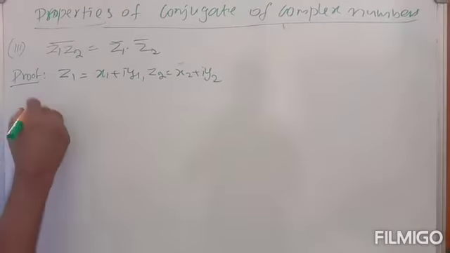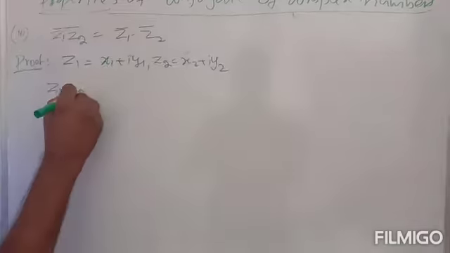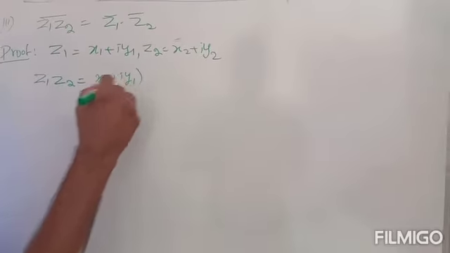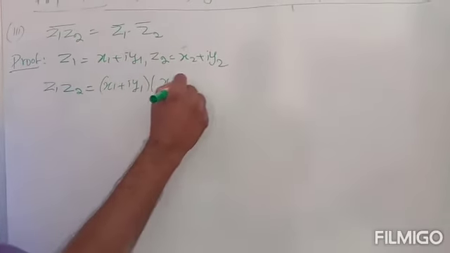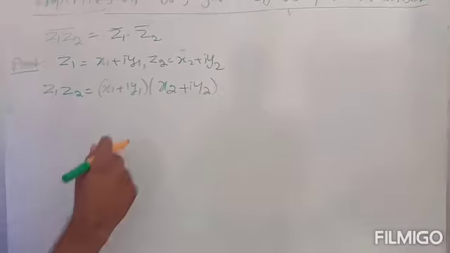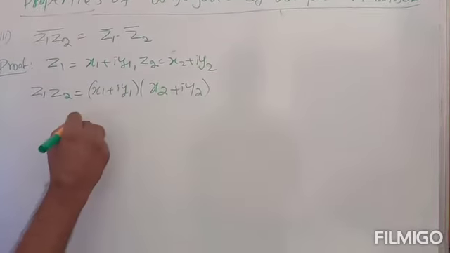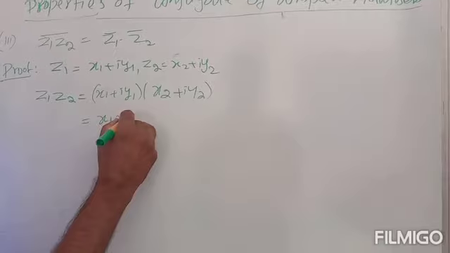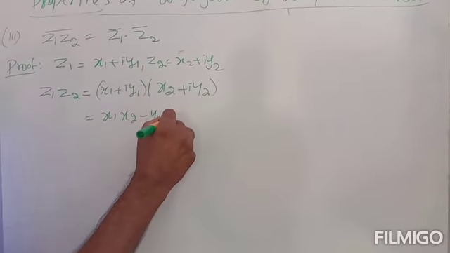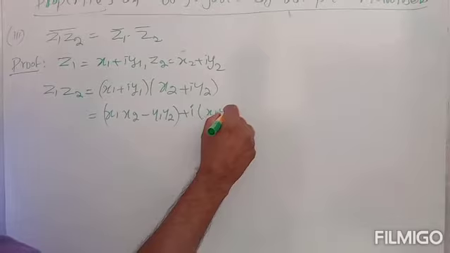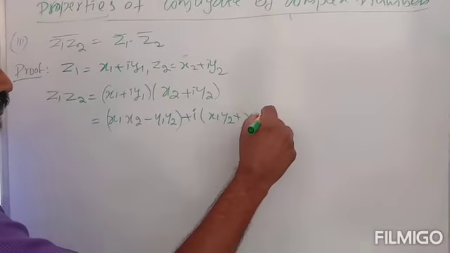So now z1 into z2 is equal to x1 plus iy1 into x2 plus iy2, that is equal to x1 x2 minus y1 y2 plus i into x1 y2 plus x2 y1.